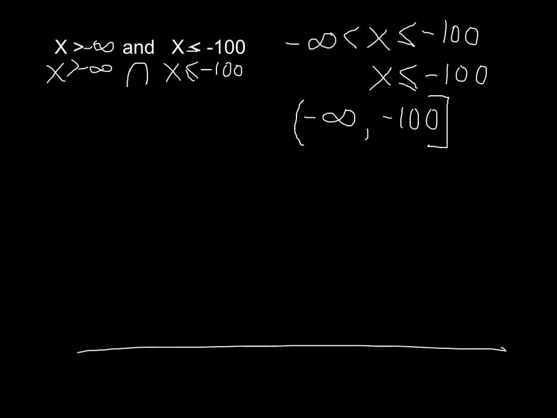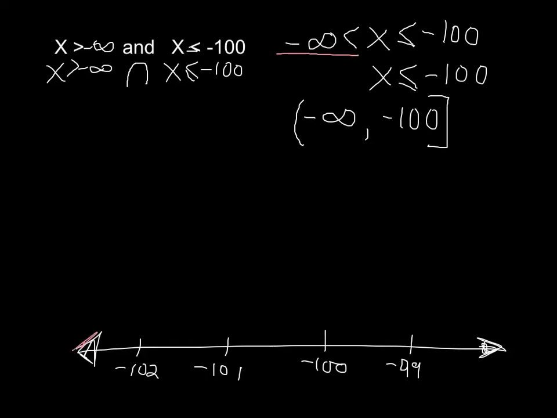So we're going to draw our number line here at the bottom. We know we're going to need negative 100, negative 99, negative 101, negative 102. And from this side, the left side, we can see we go all the way to negative infinity.